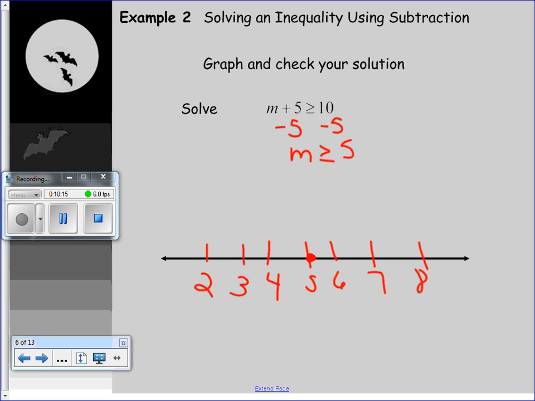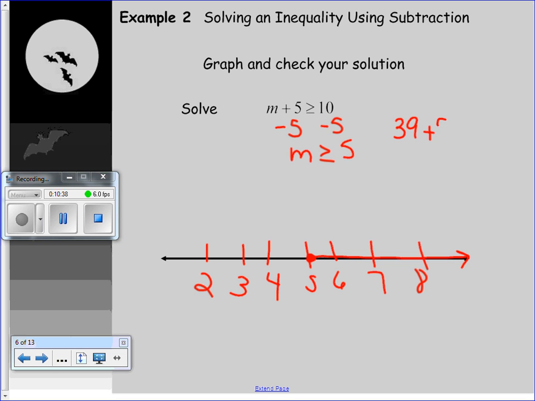I'm going to include the 5 and denote that. Now let's pick a number, any number that's greater than 5. Tell me a number, Charlie. 39. Let's just do 39 for something easy. So I'm going to plug 39 in here in this inequality.